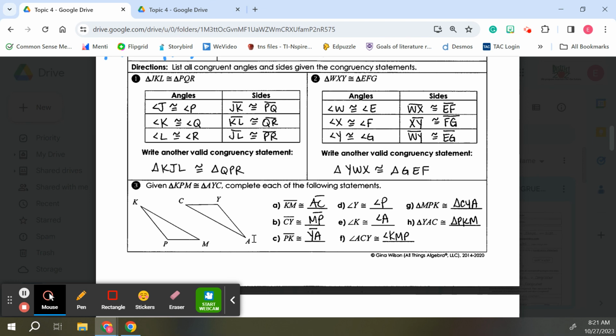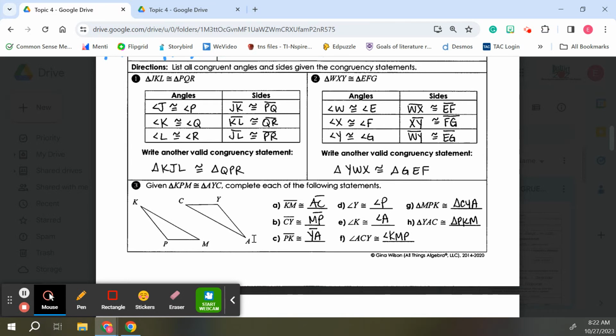Any questions on 2 or 3? Yeah. So, like on B, it would be wrong if I put the... That would be okay. I'm talking about when you name the triangles, all the parts have to line up. But when you're naming segments, just like before, same rules. Good question.